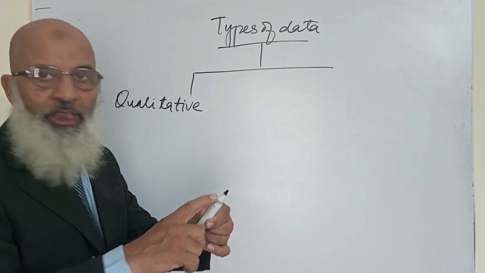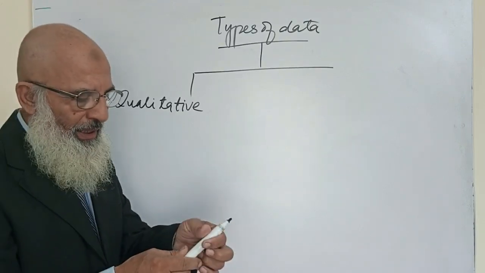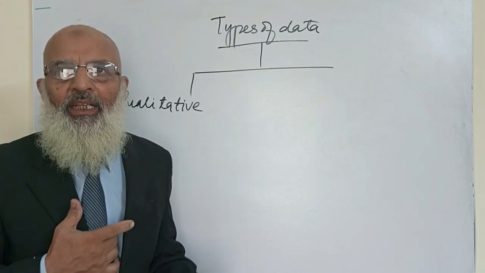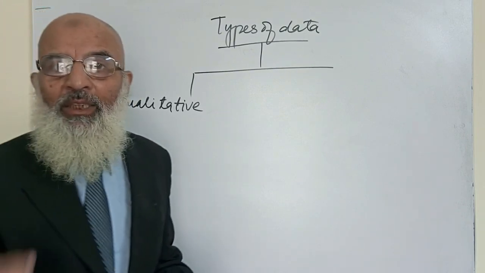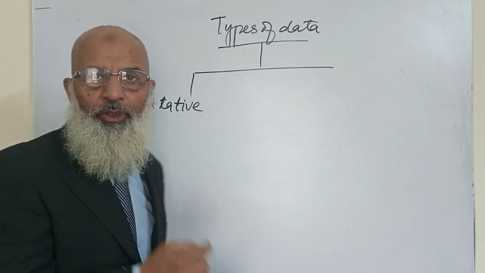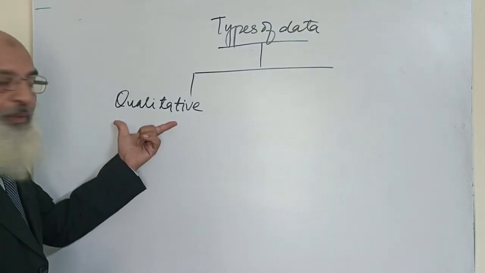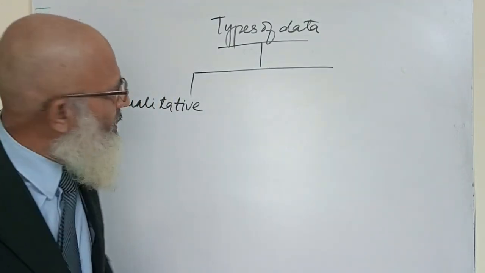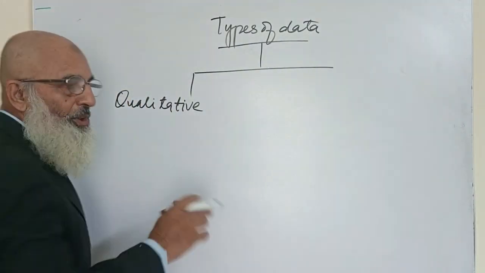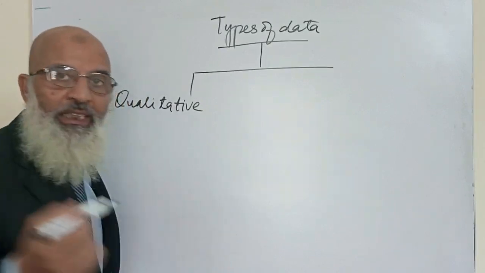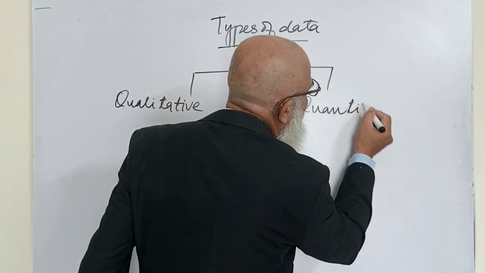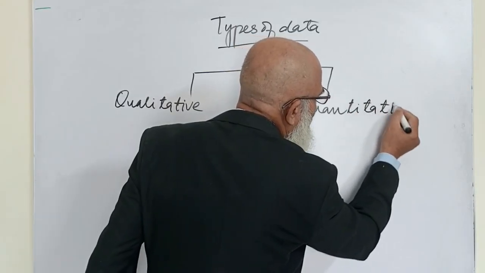It is about 3 to 4 inches long. Yes, my coat is also black. My shirt is blue. These are the qualities which are attributed to my shirt, my coat, my jackets, and this marker as well. So these are the qualities. And what about the quantities? So it will be quantitative data.